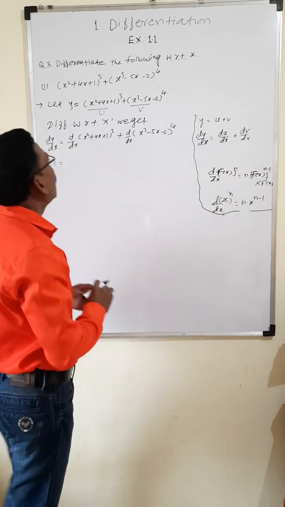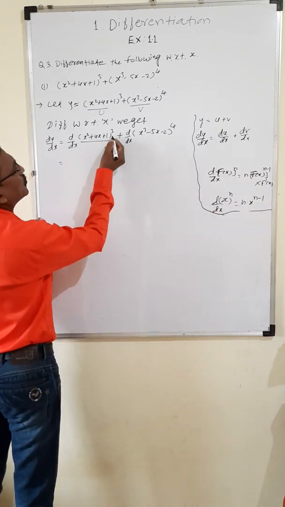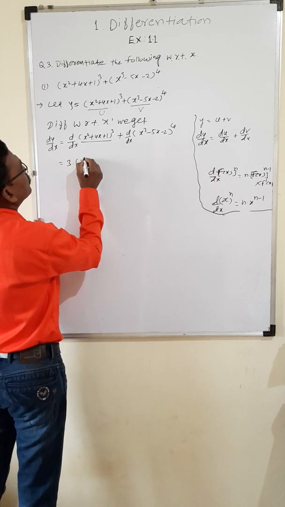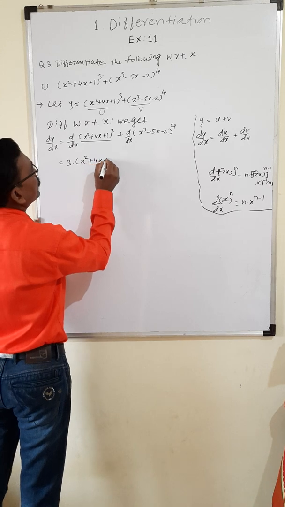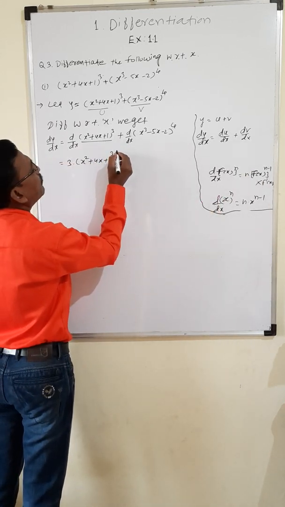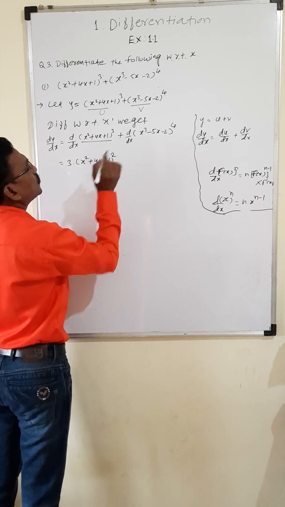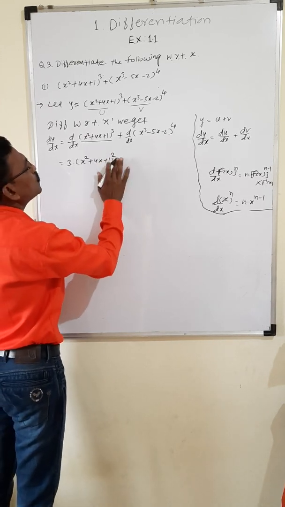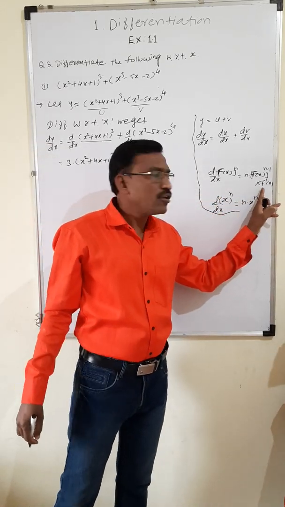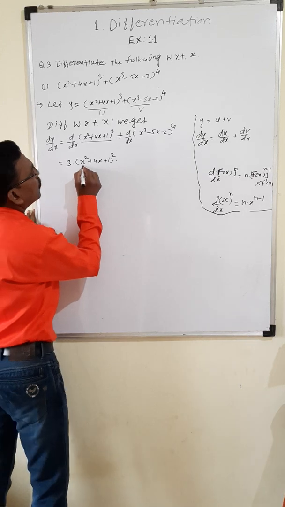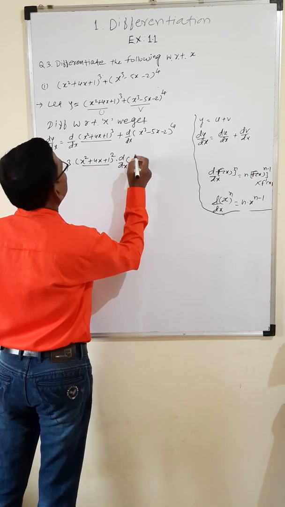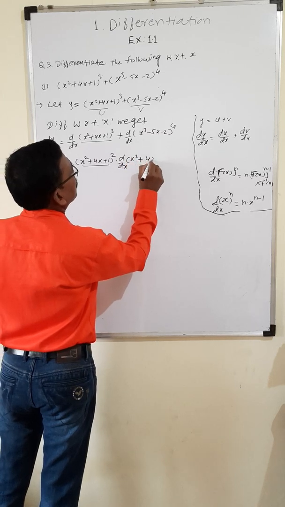So here n is 3, into (x square plus 4x plus 1) to the power n minus 1, that is 3 minus 1, which is 2, into, by chain rule, the derivative of that function, derivative of x square plus 4x plus 1.